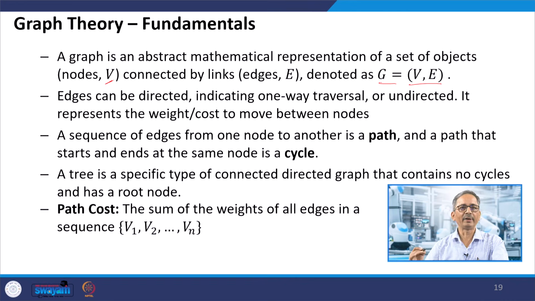We can have a sequence of edges from one node to another that constitutes a path, and if a path starts and ends at the same node, we call it a cycle. A tree is a specific type of connected directed graph that contains no cycle and has a root node. The path cost we can find as the sum of the weights of all edges in a sequence.